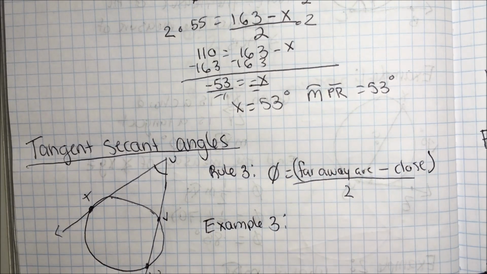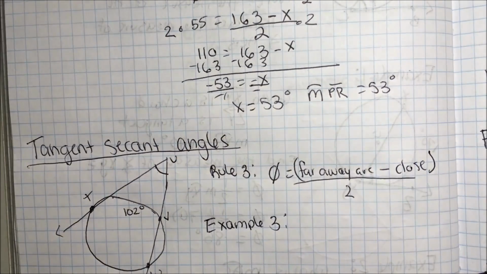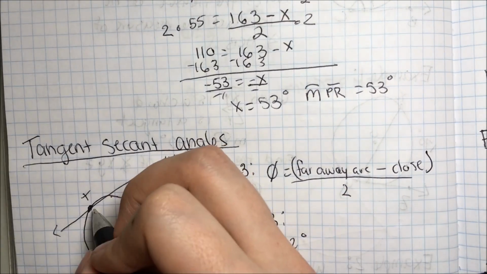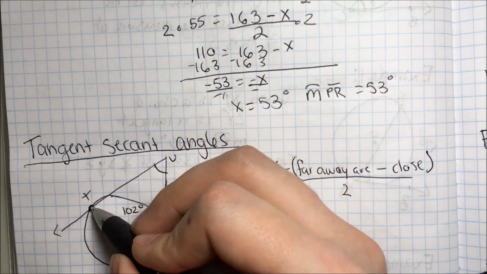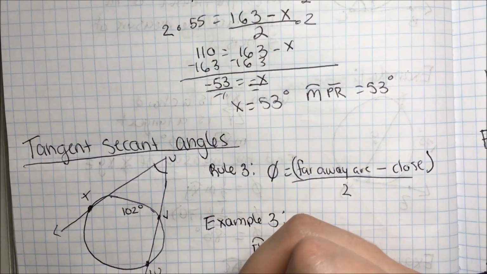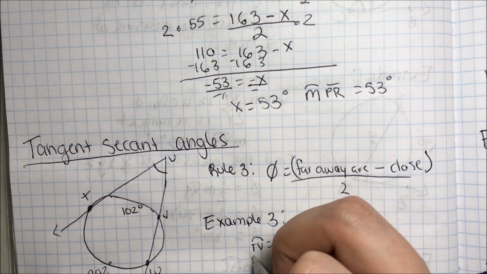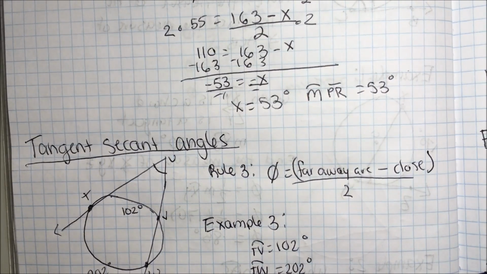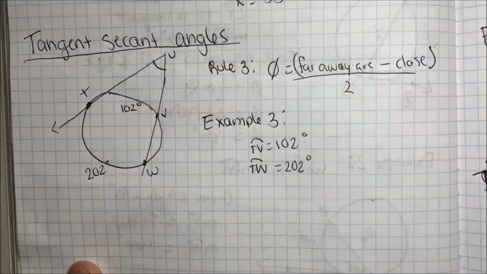So if we have that arc TV is 102 degrees, and arc TW is 202 degrees, we need to find out what angle TUV is.